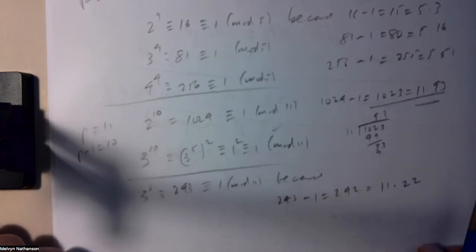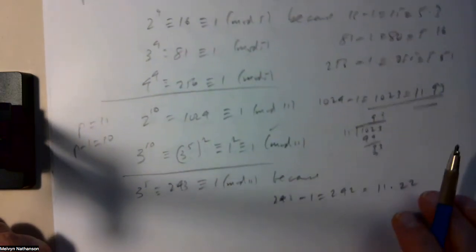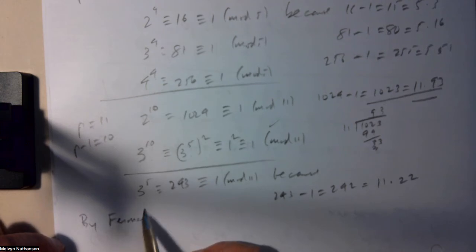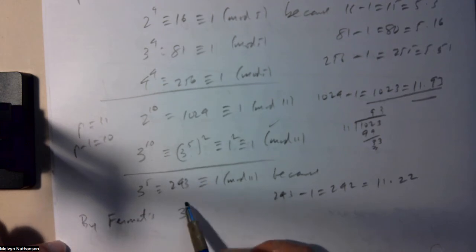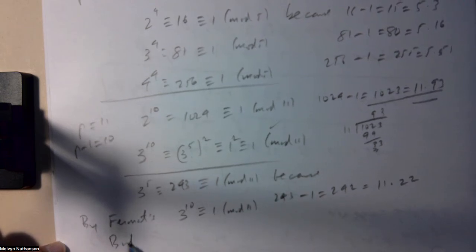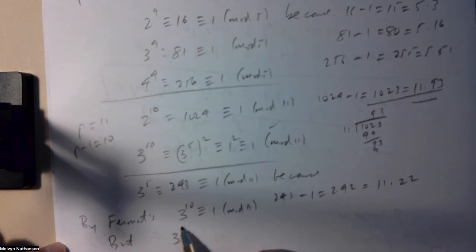This is an interesting example because by Fermat's little theorem, we know without doing the calculation that 3 to the 10th is congruent to 1 mod 11. But in fact, a smaller power of 3 is congruent to 1. 3 to the 5th is congruent to 1 mod 11.